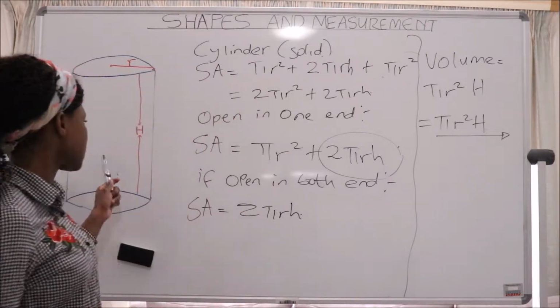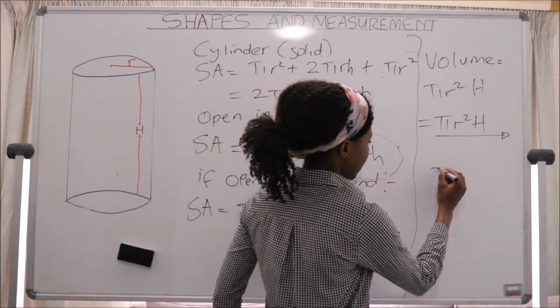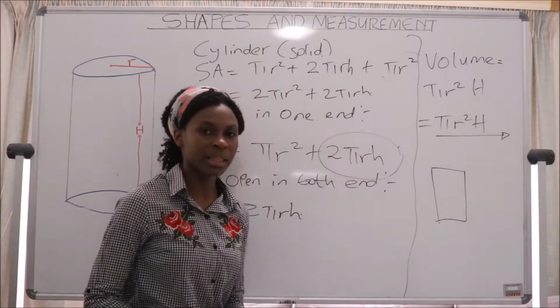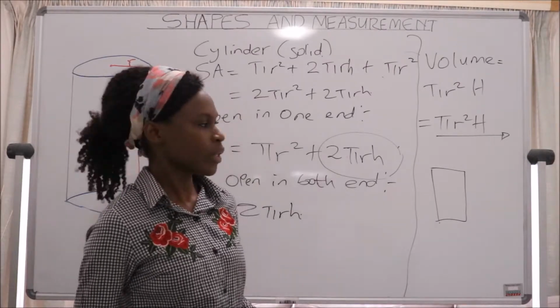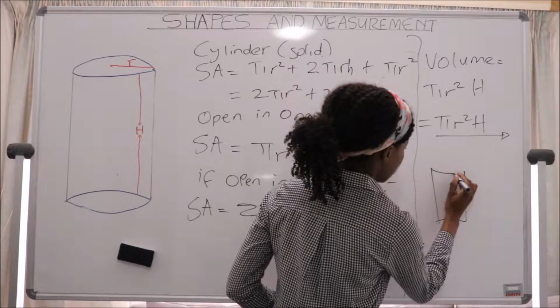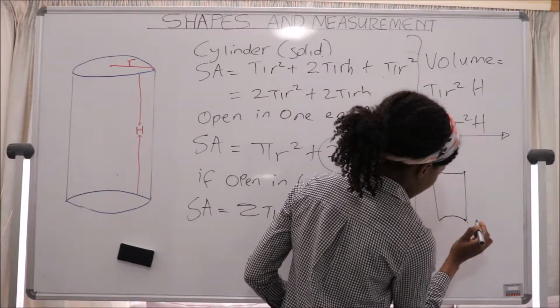As you can see, this rectangle here is not like a standard rectangle where we know that it has this kind of a shape, of which we just multiply length by breadth, and that will give us the area of the rectangle. So in this case here, it has been opened and it has a shape like that.